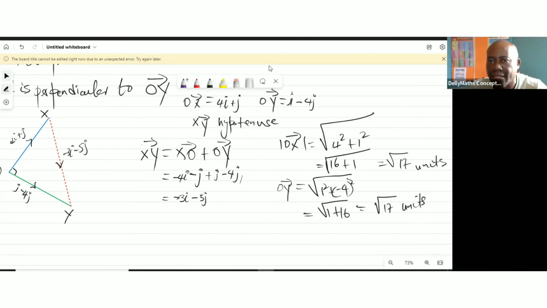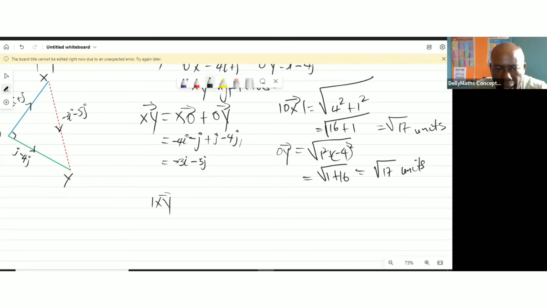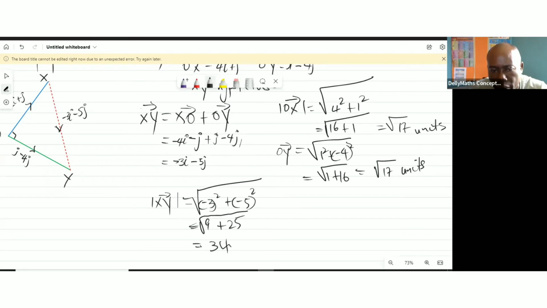So lastly, we're going to find the magnitude of XY. The magnitude of XY is negative 3 squared plus negative 5 squared, and then we take the root. So this is 9 plus 25, and that is 34.